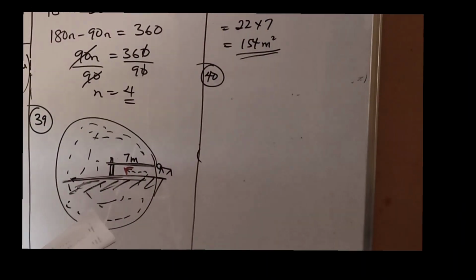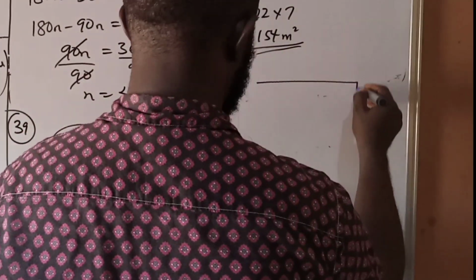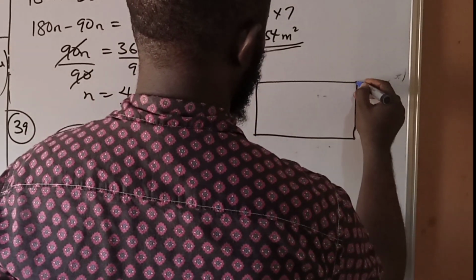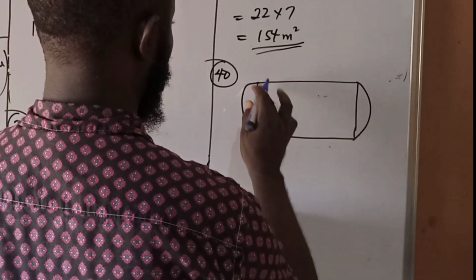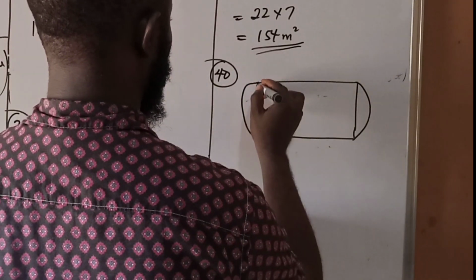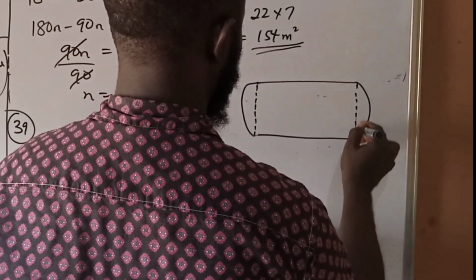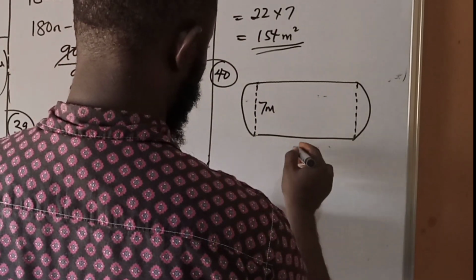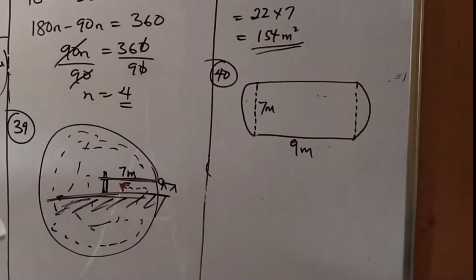So question 40. The figure below. We have a diagram here. This one is 7 meters, and this is 9 meters. The question: find the area of the field.